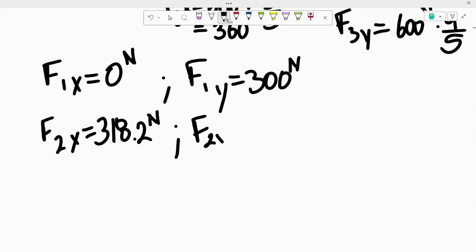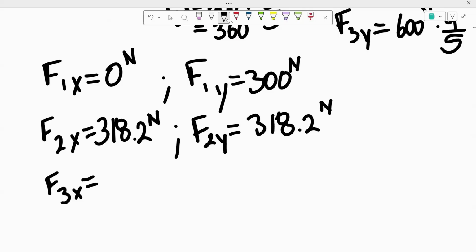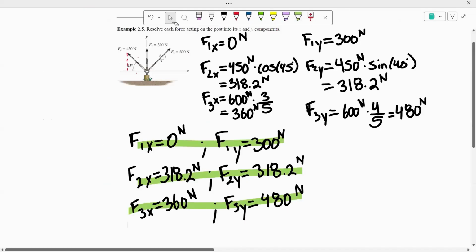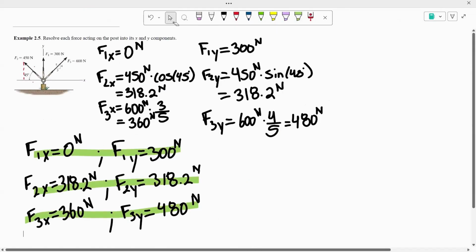F2 of y was also 318.2 newtons. F3 of x was 360 newtons, and F3 of y was 480 newtons. And just like that, we were able to resolve each force acting on the post into its x and y components.